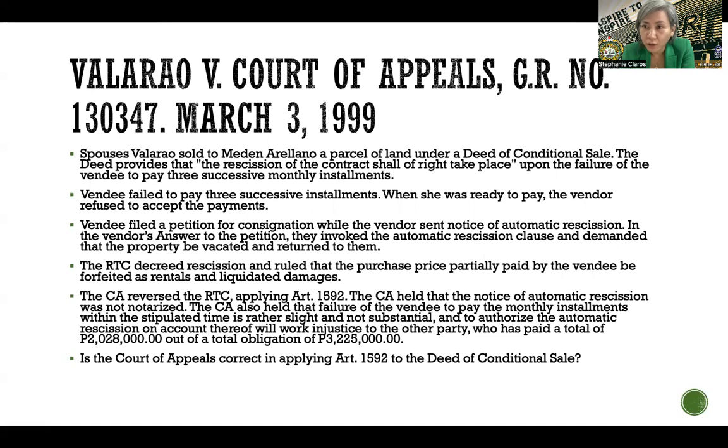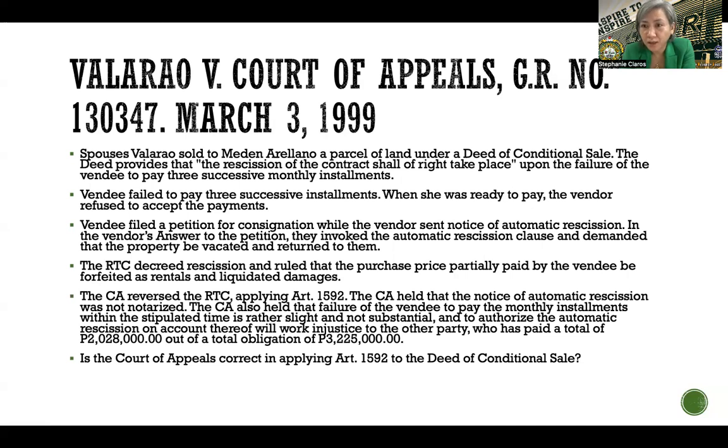So the regional trial court here decreed rescission and ruled that the purchase price partially paid by the vendee be forfeited as rentals, and also ordered payment of liquidated damages in accordance with the contract. So on appeal, the Court of Appeals reversed the decision of the RTC, applying Article 1592.